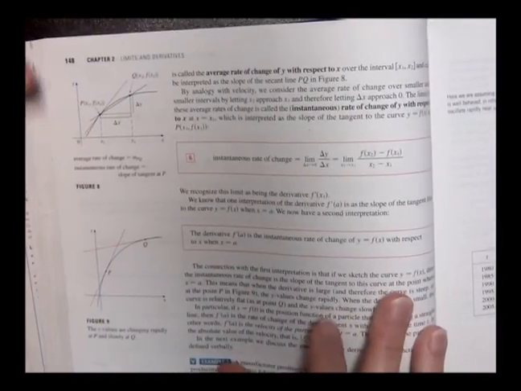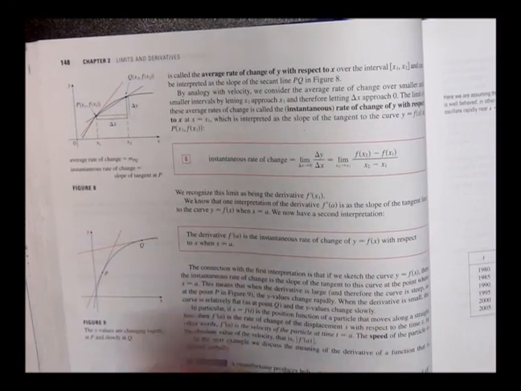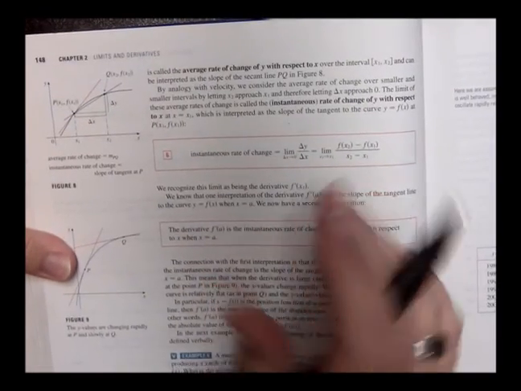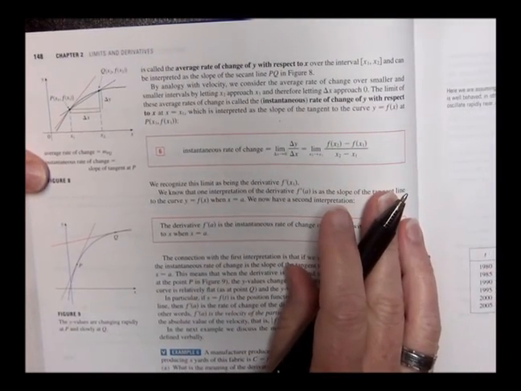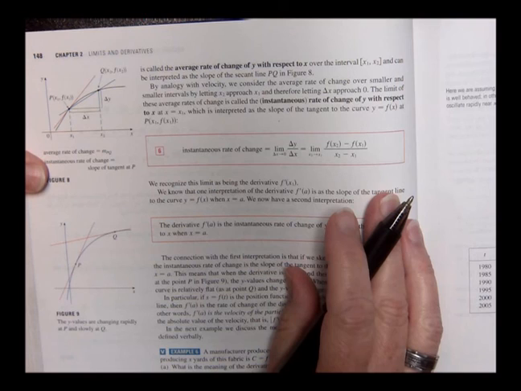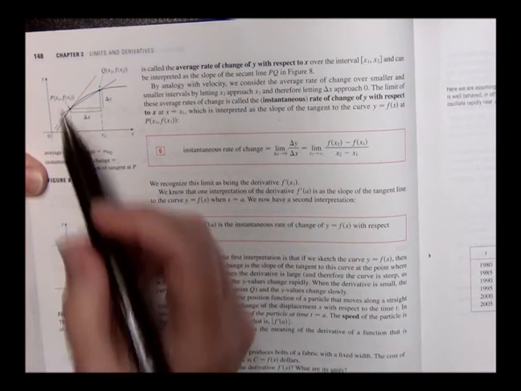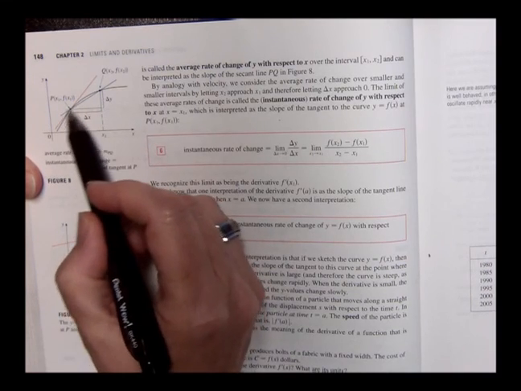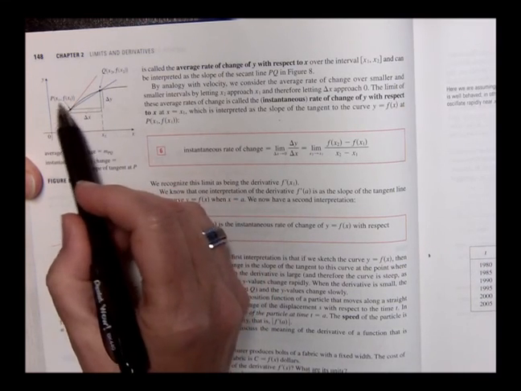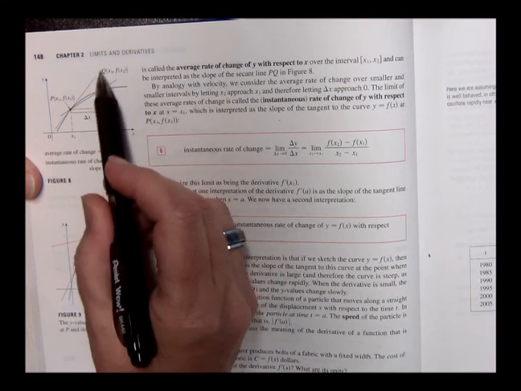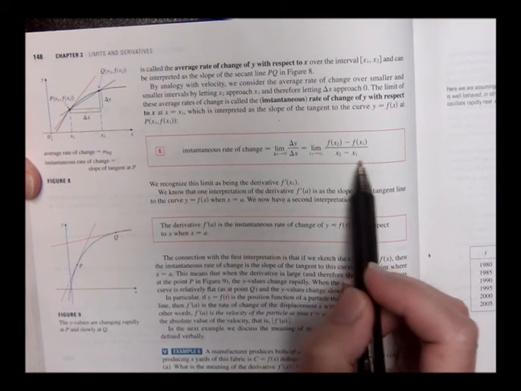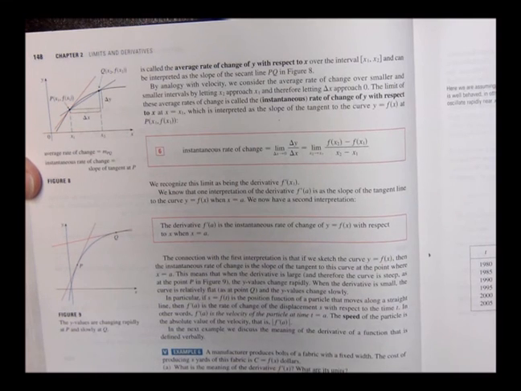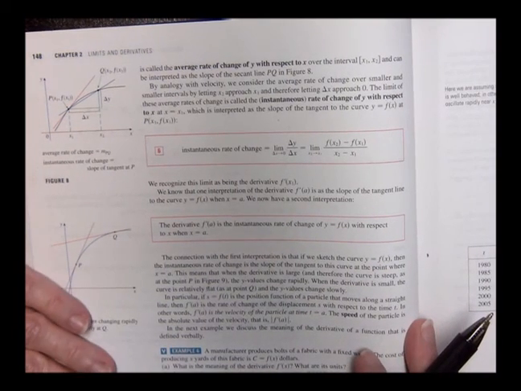So if we take a look at instantaneous rate of change, back to the book for a moment. We have instantaneous rate of change, which is called the average rate of change of y with respect to x over a specific interval. It can be interpreted as the slope of the secant line. So here we have our curve, here's our secant line, and we have our points, and we have our second point, and then we plug it in, and that's our instantaneous rate of change, which again is the same thing that we've been doing.